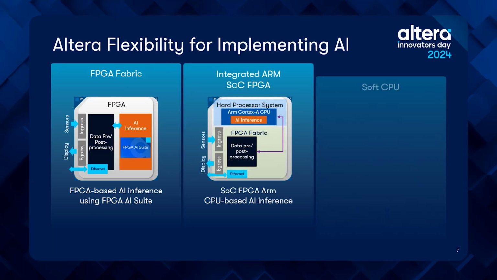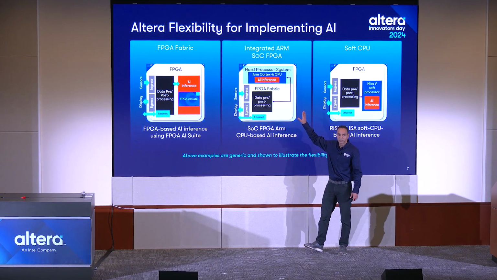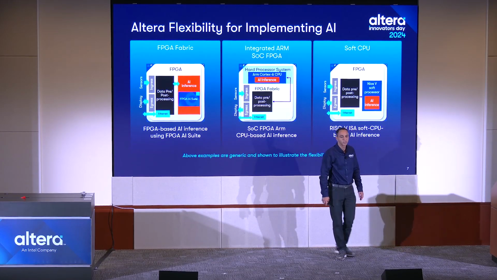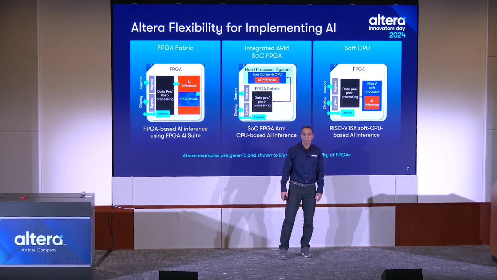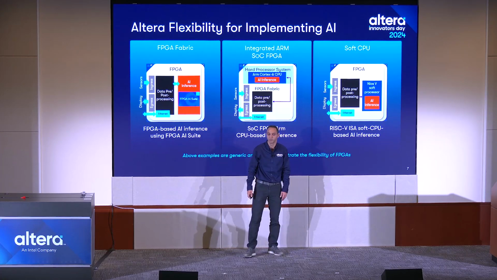And so when it comes to implementing AI in our devices, there were the previous sessions talking about using the FPGA fabric for FPGA AI Suite. Great. If you need a lot of compute, that's a great way to do it, absolutely. But what we'll talk about here is we can use the ARM SoC to run AI inference. And the ARM is a pretty capable application class processor. We can also use the Nios V, and if a model's simple enough, we can run that model on the Nios V soft processor just as well.